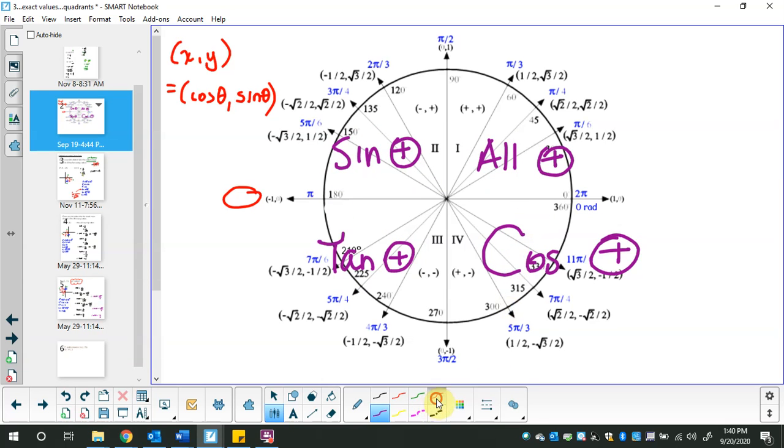Basically, that means that sine is negative here, tan is negative here. Nothing's negative in this one. Sine is positive, so that's cos is negative here, tan is negative here. And in this one, sine will be negative, cos will be negative because tan is positive.